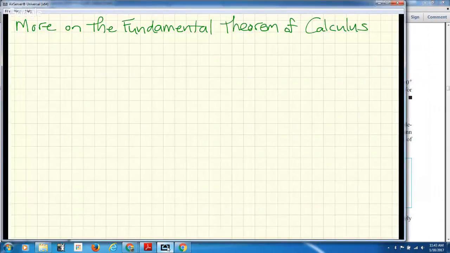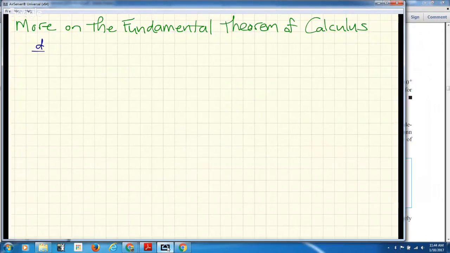So the first thing I'm going to take a look at is the idea that if we take the derivative of a definite integral, and let's say we had something like the integral from 2 to x of the function t squared dt.